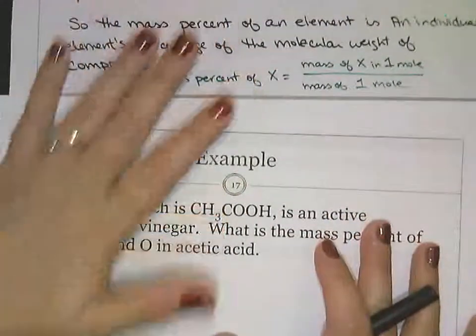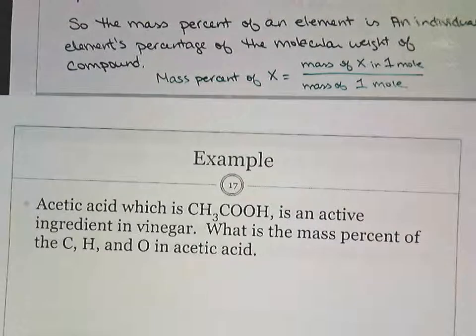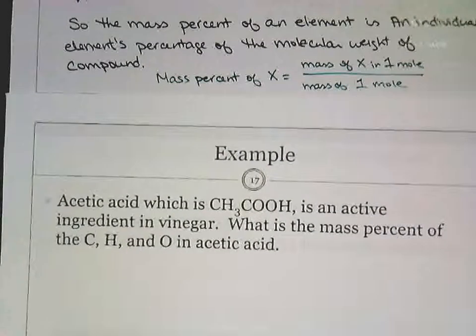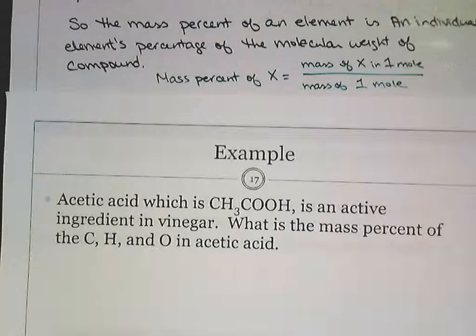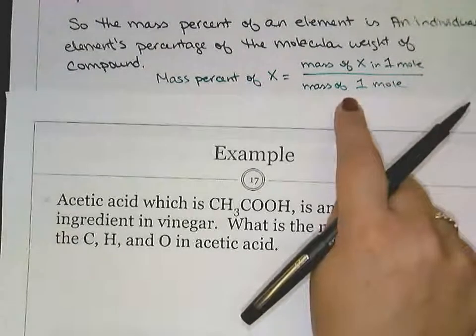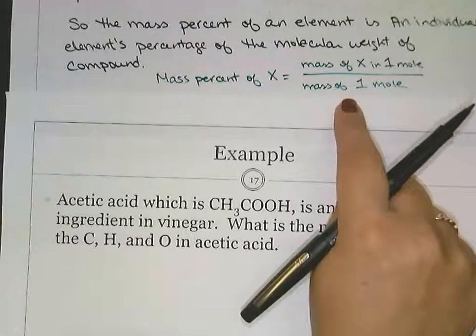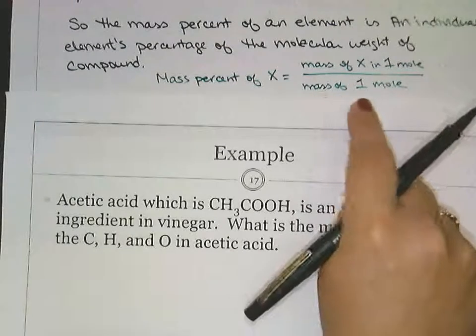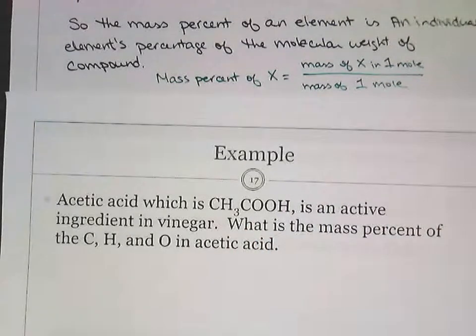Acetic acid, which is my go-to compound, I love acetic acid, is an active ingredient in vinegar. I would like to figure out the mass percent of the carbons, hydrogens, and oxygens in acetic acid. So, in order to use my super fancy equation, how do I figure out the mass of 1 mole of acetic acid? I just add up all the masses.